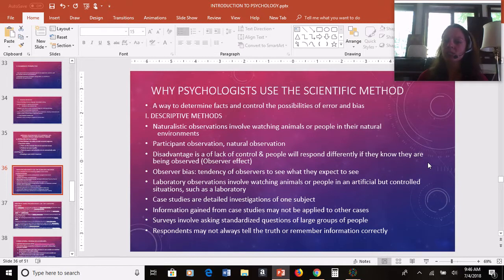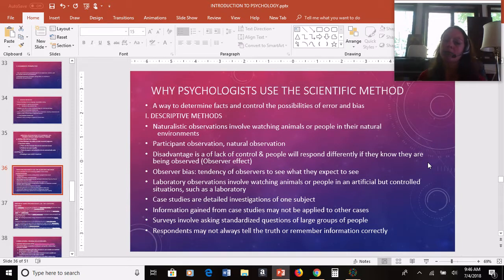And so basically, as you see here on this slide, a lot of these are just different ways to go about observing how humans or how animals behave. So that's our first one there, naturalistic observation. And that really is, when it comes to animal behaviors, we go out and look at animals in their natural environment. And we can do that for people too.